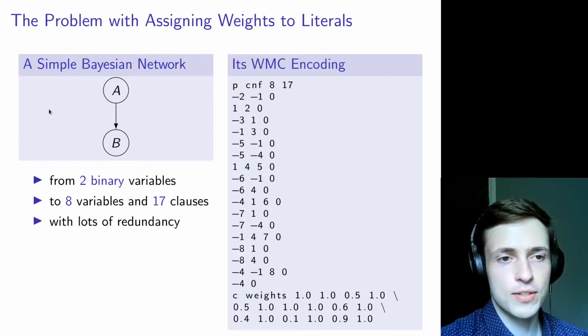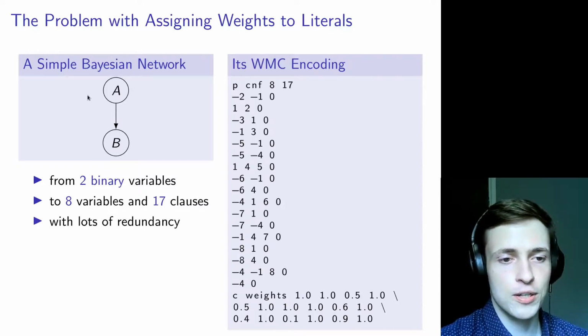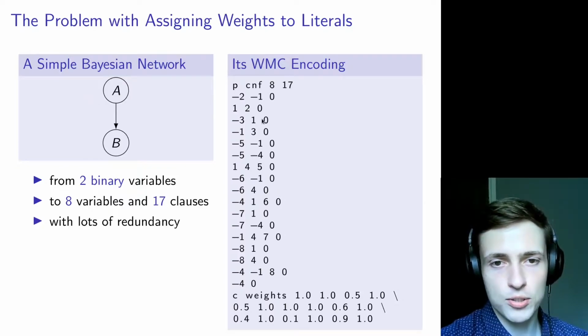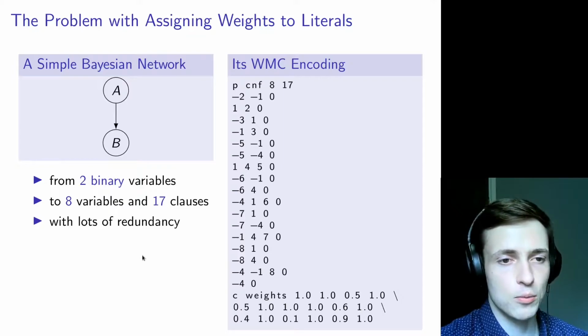So let's consider this simple Bayesian network with just 2 random variables, each of which has 2 values. And this is one of its possible WMC encodings. So even in the simple example, we're going from 2 variables to 8 variables and 17 clauses.